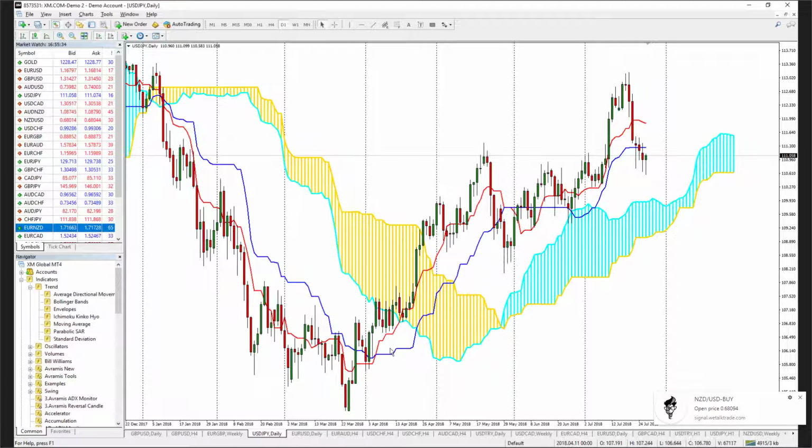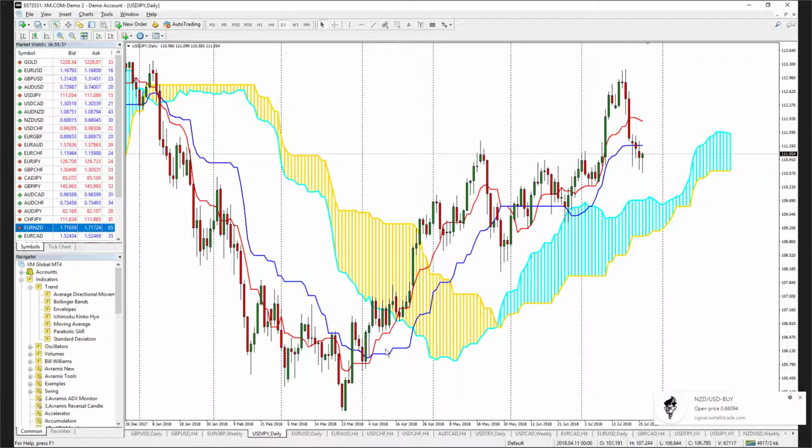However, a trend following trader wouldn't act on this, because a trend following trader is only looking to act on bullish signals as long as the price is above the Kumo, and only looking to act on bearish signals as long as the price is below the Kumo. So maybe for that trader, this wasn't a buy signal, but it was a signal to exit any short positions.